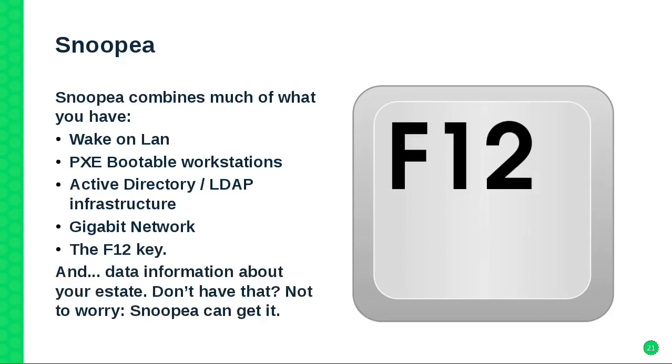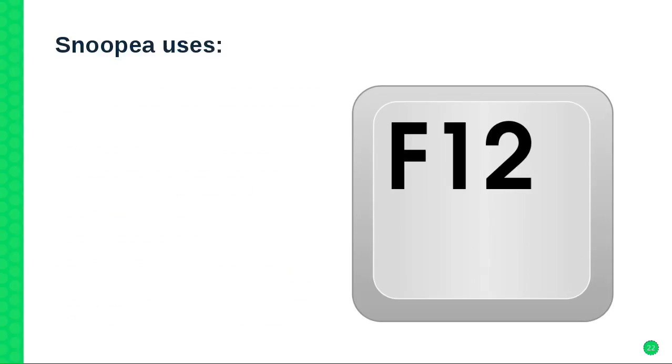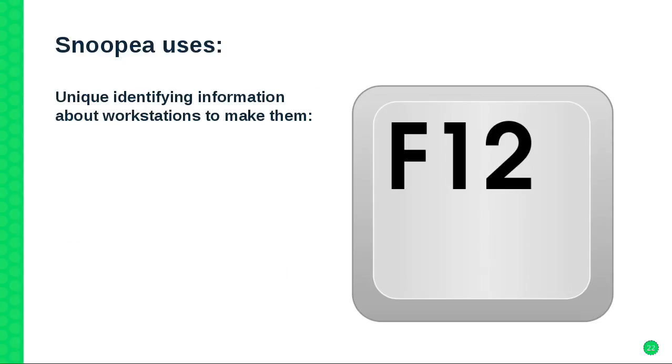You also have to have a modicum of information about the estate of machines, and that's actually just initially the MAC address of every system. If you don't have that, we can get that for you through one of the processes that we run. We use the unique identifying information about workstations so we can make them manageable, reloadable, and groupable.